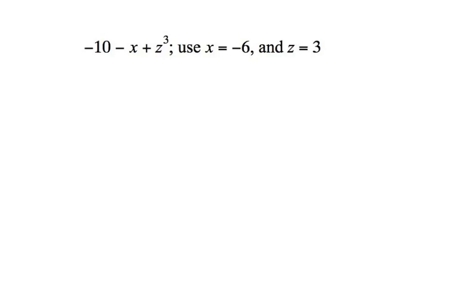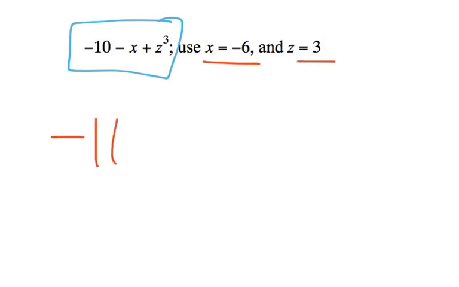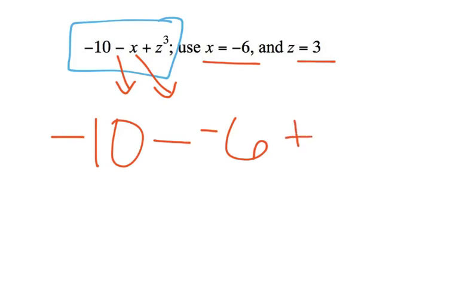Now the last example, we have this algebraic expression. X is negative 6, z is 3. So we're going to change the x into negative 6. But again, we have the subtract, and we have the negative 6. Plus, we have a z that we're going to change into a 3, and that's going to be cubed.